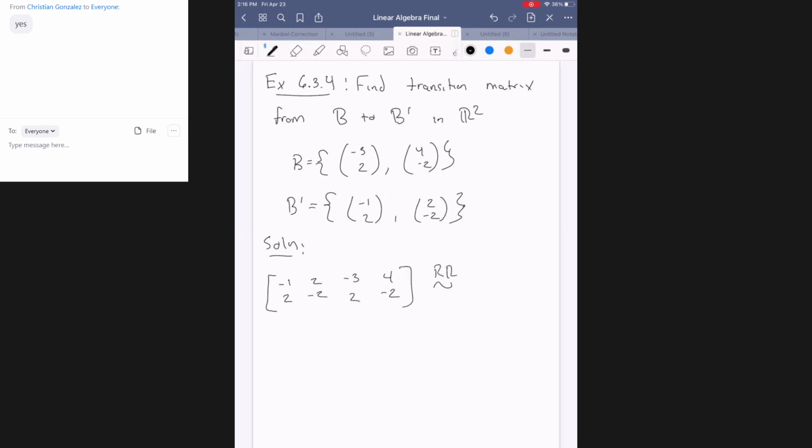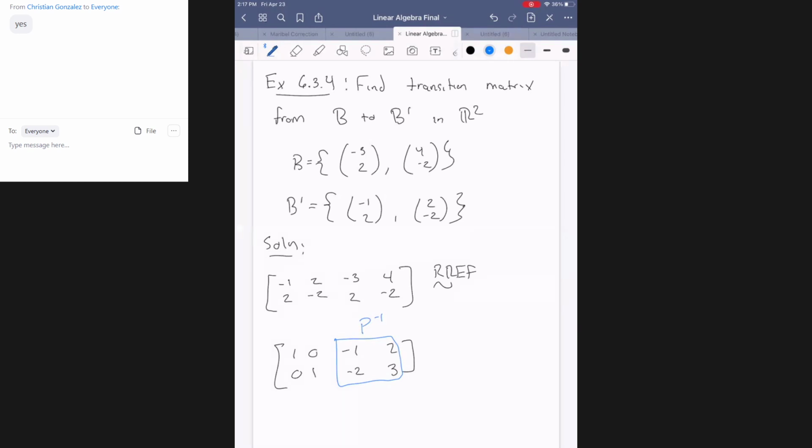RREF this, and you get 1, 0, 1, 0, 0, 1, -1, -2, 2, and 3. So this guy right here is your P inverse, and that one goes from B to B prime, right?